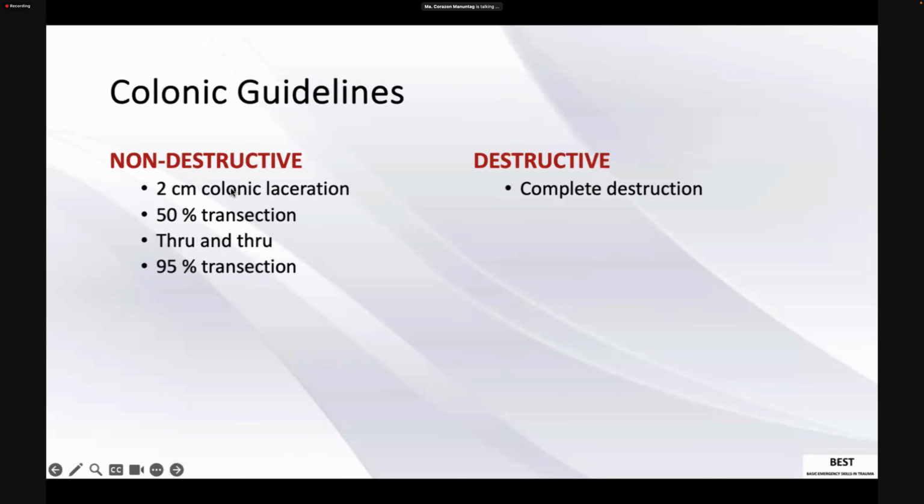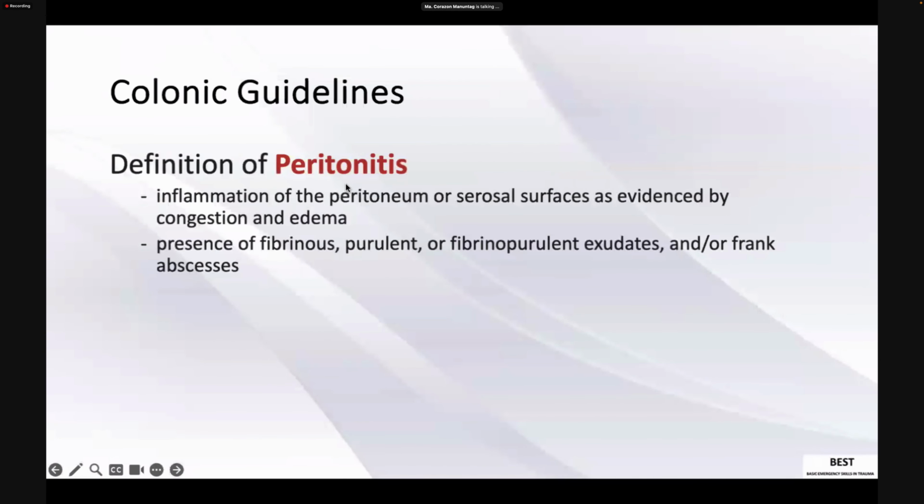For colonic guidelines, ito, hindi natin masyadong nakikita with practice, but we do know that there are colonic guidelines to differentiate between non-destructive and destructive colonic injuries. So, i-differentiate mo lang siya. But mamaya. So, the definition of peritonitis is very varied.